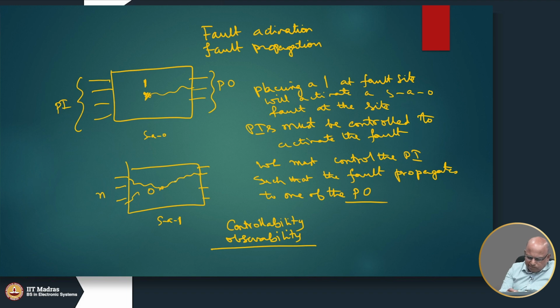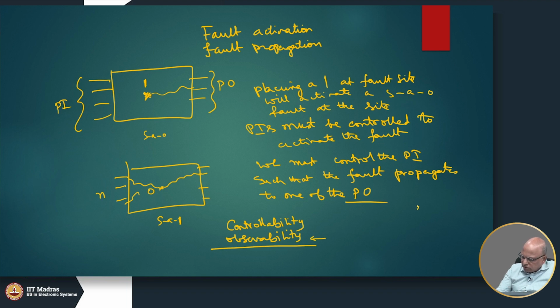Then, having activated, I need to propagate the fault to one of the primary outputs, because I can't directly observe this line. I cannot directly observe this line. So, that is the problem of observability.